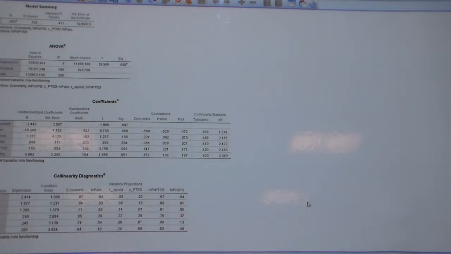Stephanie, does it appear that PTSD has a unique relation with role functioning at high levels of pain? Nope, right? The relation of PTSD with role functioning conditional on high levels of pain is not statistically significant. It's about 0.7.